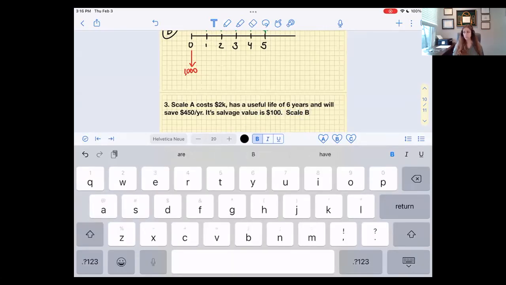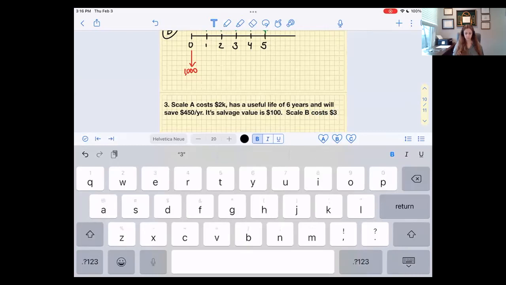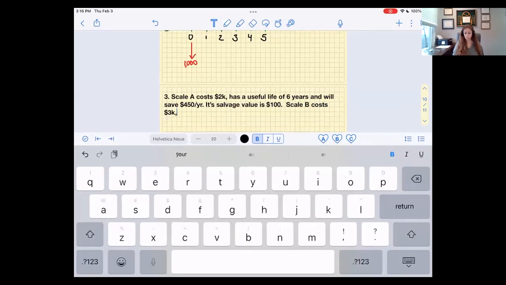Scale B costs $3,000. Has the same useful life. The heck?